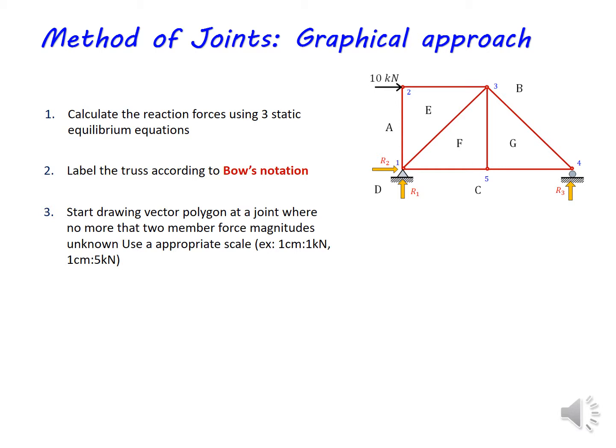But if you see joint 4, there are 2 unknown member forces and altogether 3 forces, because we know the reaction force R3. So that means we can select either joint 2 or joint 4 to start drawing the vector polygon or force polygon.